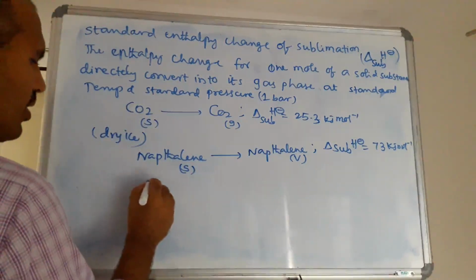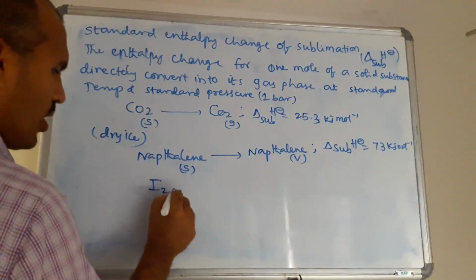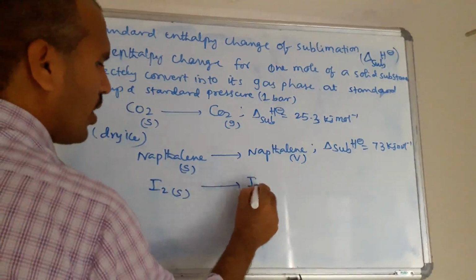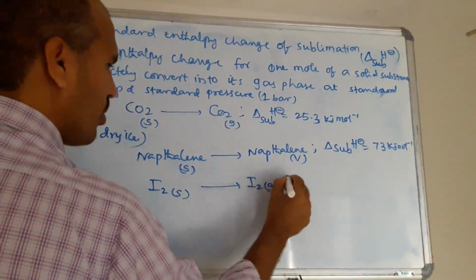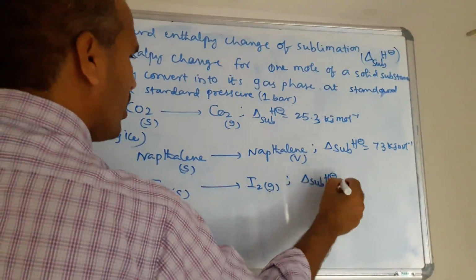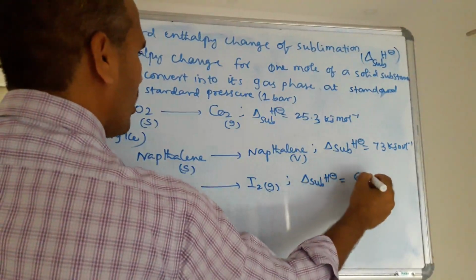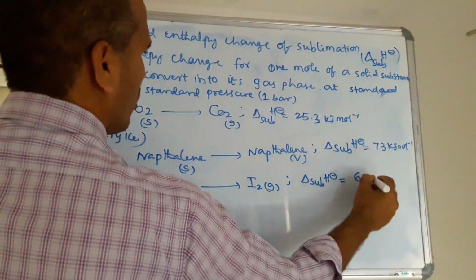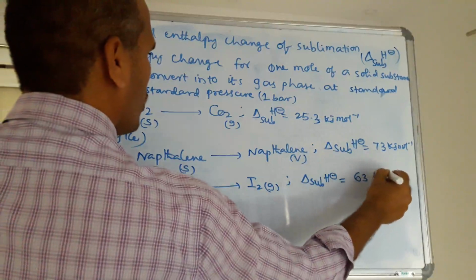Another example I am giving here: iodine solid converting to iodine vapor or gas, no problem. For this, the enthalpy of sublimation is nearly 62 or 63; rounding up, I am writing 63 kilojoule per mole.